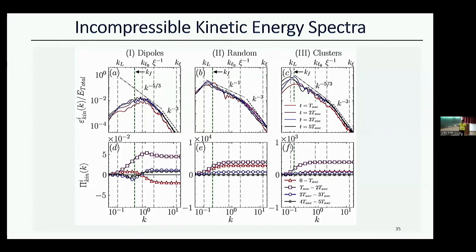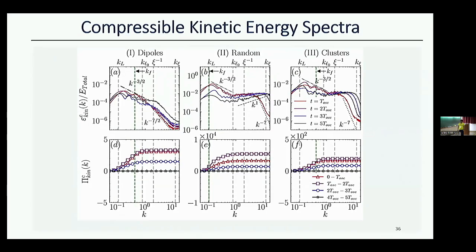Then we analyze the flux as well, and we generally find that although the system is 2-dimensional, it is forward cascade behavior that we get for both cases. Similarly, we analyze the compressive part of the spectrum, which is generally weak wave turbulence due to the cascade of the acoustic wave at different momentum scales, and that comes like k to the power minus 3/2 for all the cases.